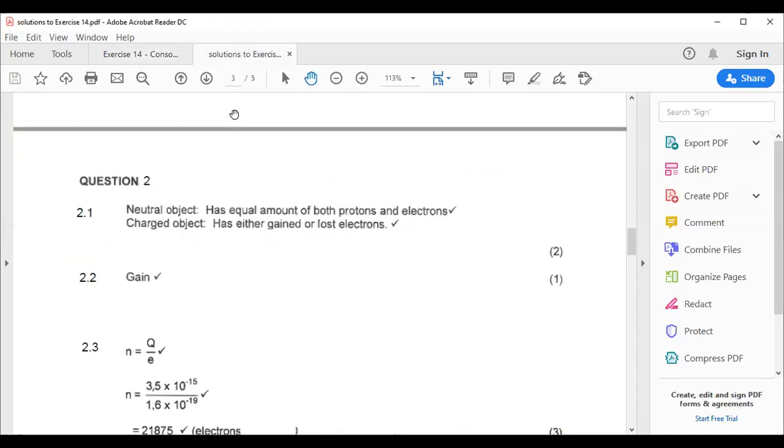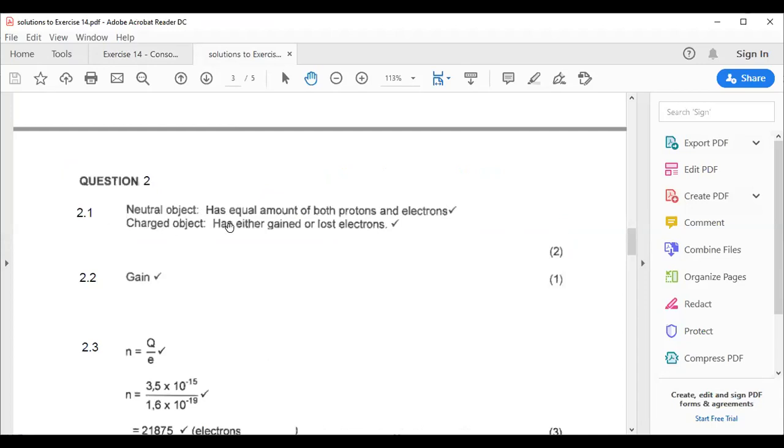Right, we check. A neutral object has equal amount of protons and electrons. So in a neutral object, the number of protons is the same as the number of electrons. Your positive charge is equal to your negative charge.